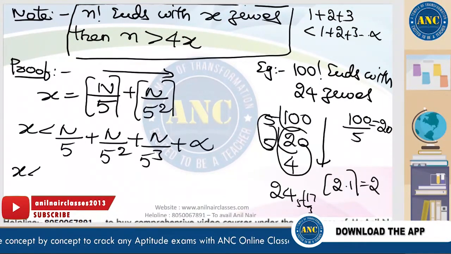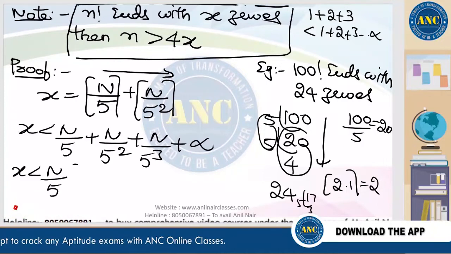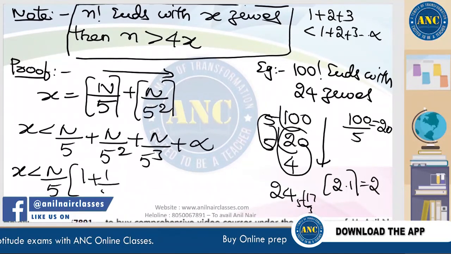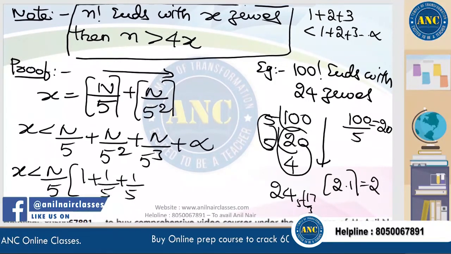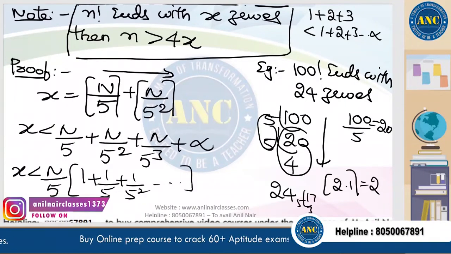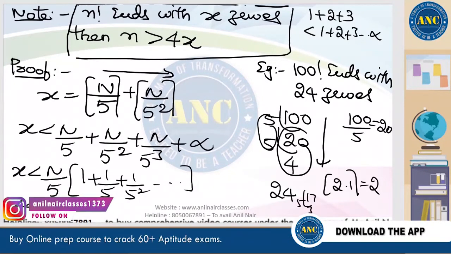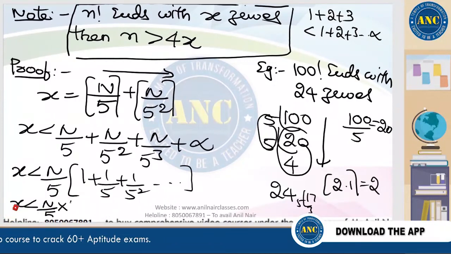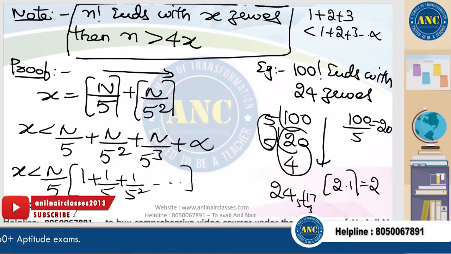And so on up to infinity. If I take n by 5 common, which is 1 plus 1 by 5, 1 by 5 square, and so on, x is nothing but n by 5 into a by 1 minus r.